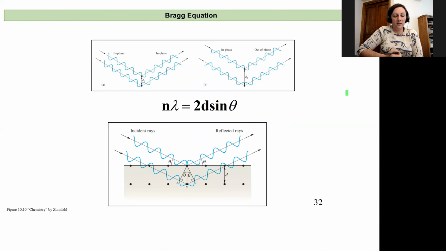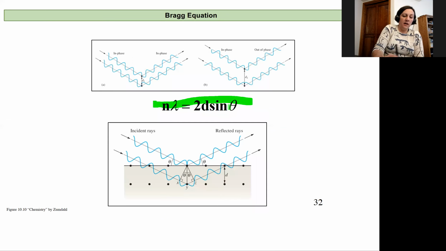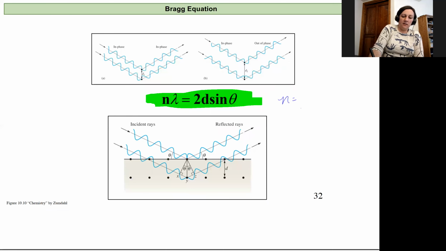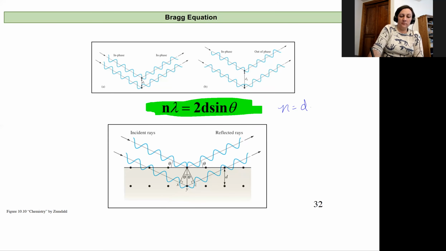So we can describe what's happening when we diffract an X-ray off our crystal structure using something called the Bragg equation right here. Let's break down these terms a little bit. This n value is going to be the diffraction order, which will be an integer.